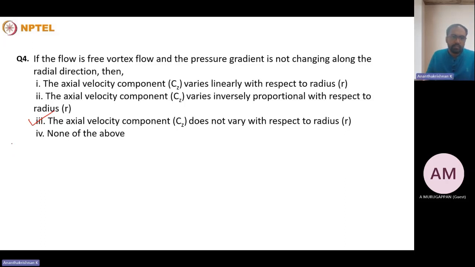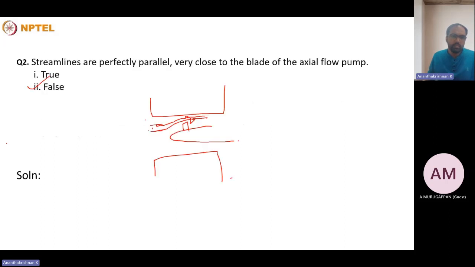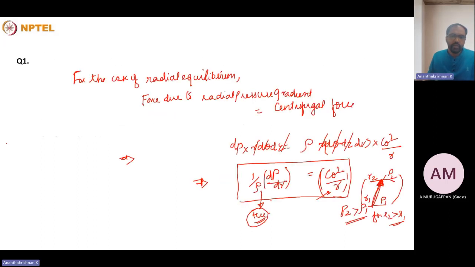In question number 1, we have derived this equation for the radial equilibrium: 1 by rho times dou p by dou r is equal to c theta squared divided by r. So this is a general equation which takes into account only the radial pressure gradient and the centrifugal force terms.